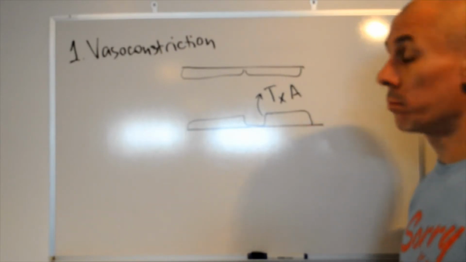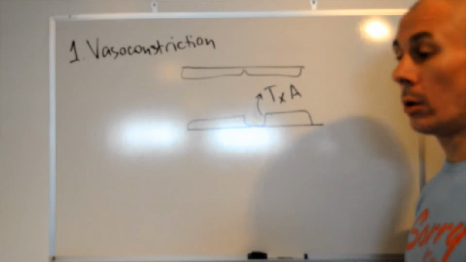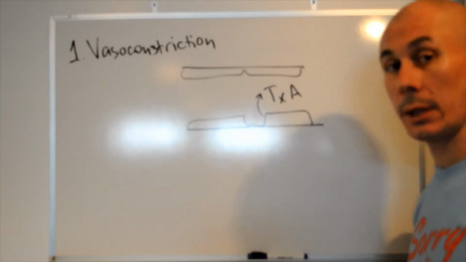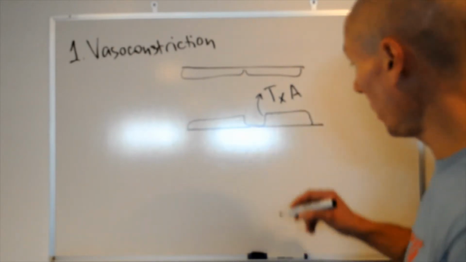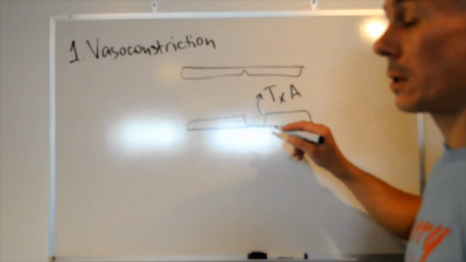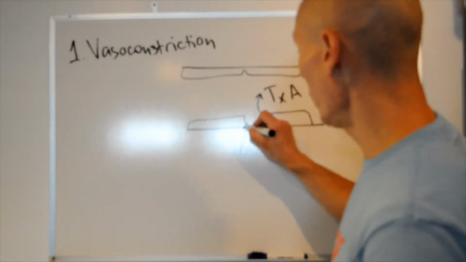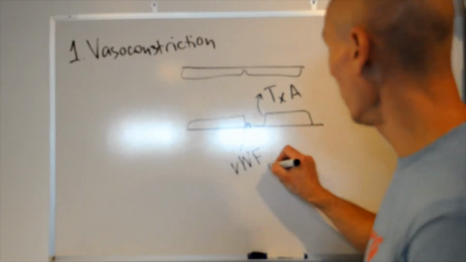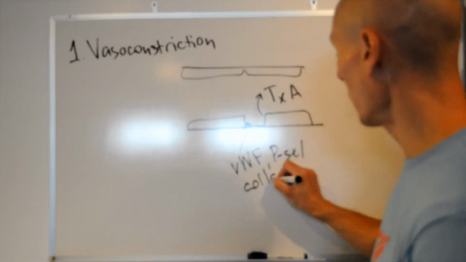Now, platelets can be activated by thromboxane A or adenosine diphosphate, both molecules are released from the damaged endothelium, and they also can attach via surface receptors to the molecules that are now exposed at the injured endothelium, which are von Willebrand factor, P-selectin, collagen.